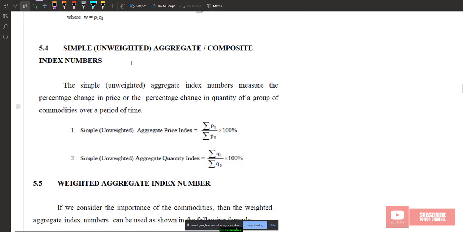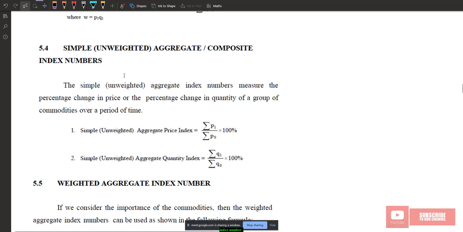So now we move to the next topic, which is the simple aggregate index number or composite index number, right? So we will learn simple aggregate index number and weighted aggregate index number. So there are two, same as relative index number. First we will learn simple, and another one is weighted.